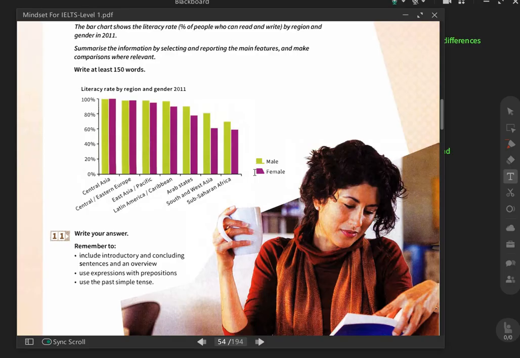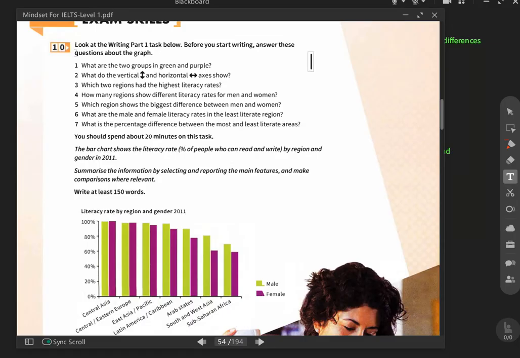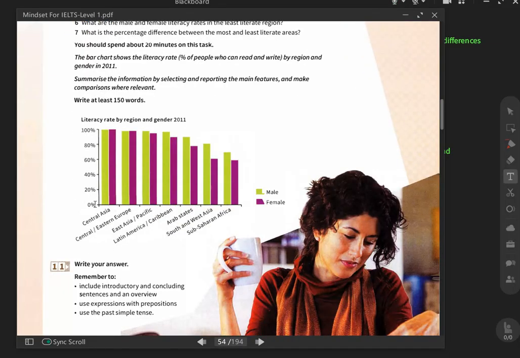Very good. And the next one, what do the vertical and horizontal axes show? Vertical, horizontal. The vertical shows the percentage.